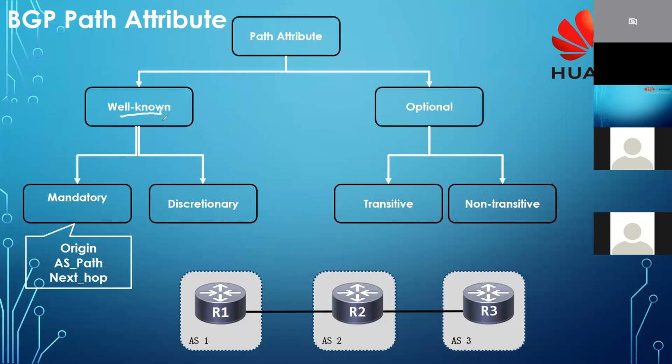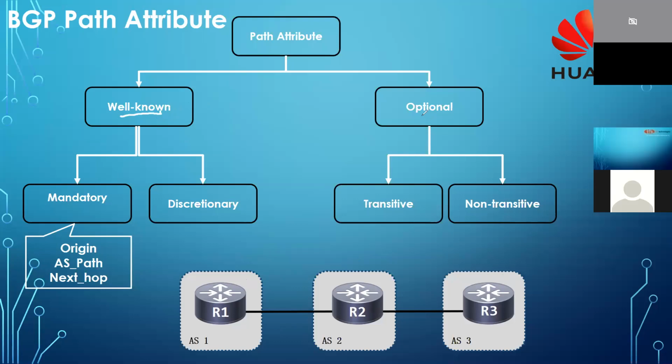If Huawei wants to do BGP, Huawei routers need to know the well-known attributes. But an optional attribute doesn't need to be known by all BGP routers. For example, R1 and R2 can establish a BGP relationship and exchange routes, but R2 may not know some optional attribute. So all BGP routers need to know the well-known attributes, while not all BGP routers know the optional attributes.